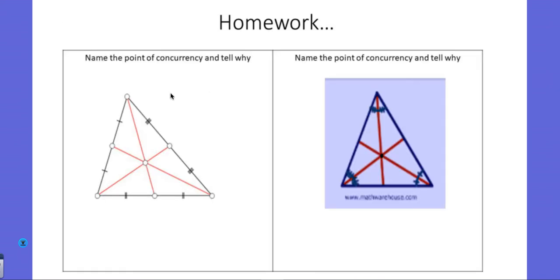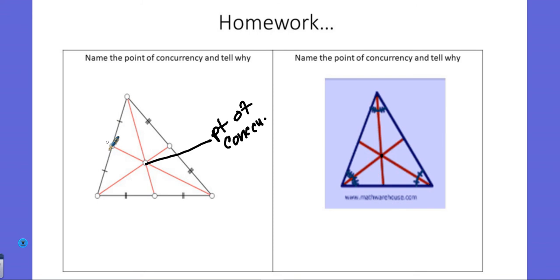Alright, so it says name the point of concurrency and tell why. Well, the point of concurrency is this center point right here. That's our point of concurrency, or where the center of the triangle is at. If you notice, we're going to look at the sides here, and these marks tell us something.